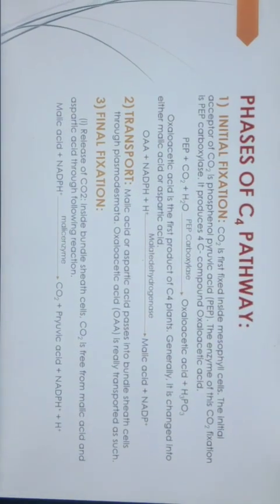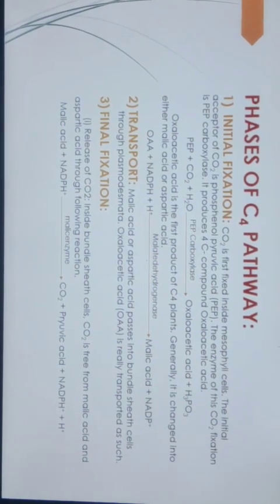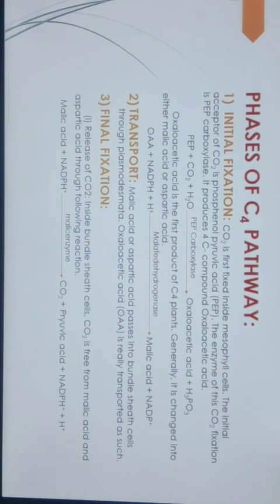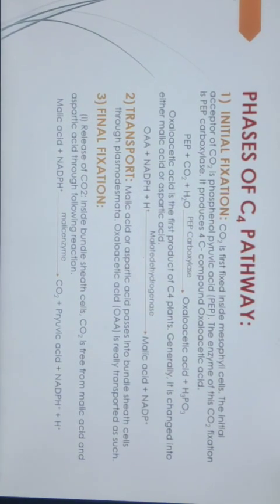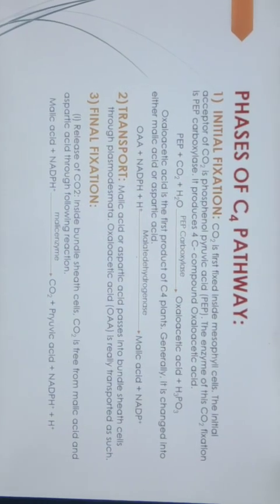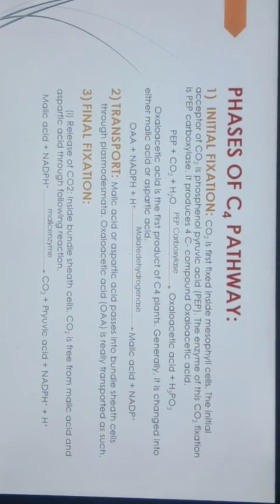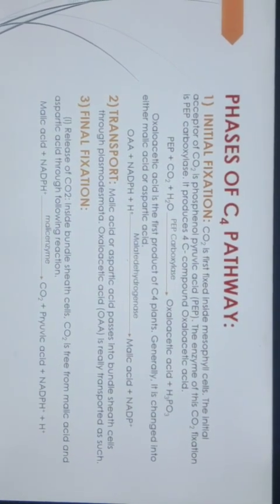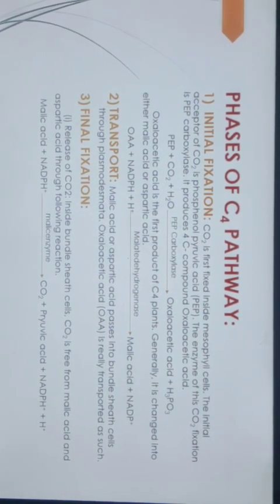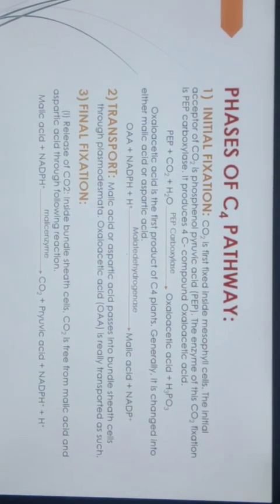Now let's start with the phases of the C4 pathway. The first step is the initial fixation. The carbon dioxide from the atmosphere is first of all fixed inside the mesophyll cells. The initial acceptor of carbon dioxide is PEP, that is phosphoenol pyruvic acid.